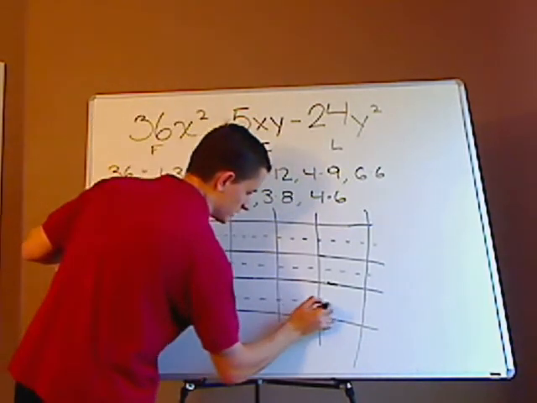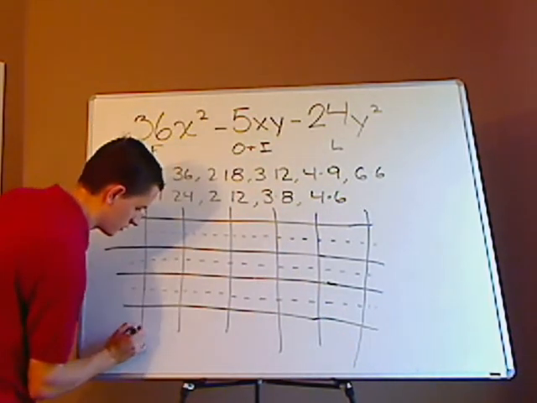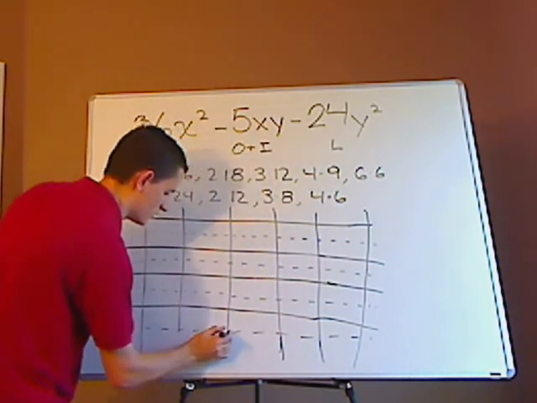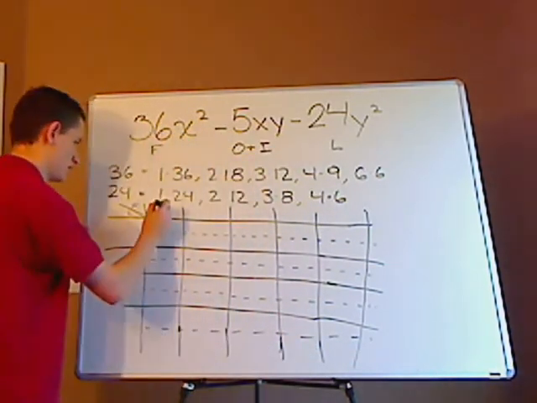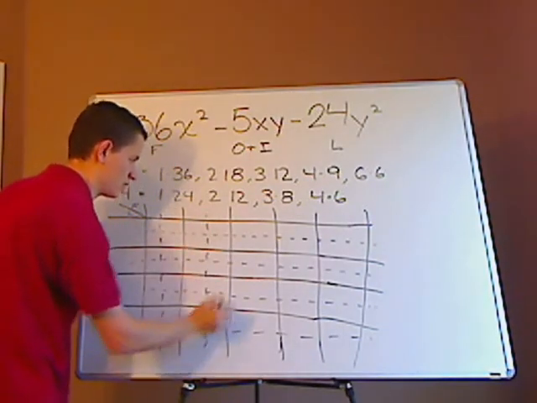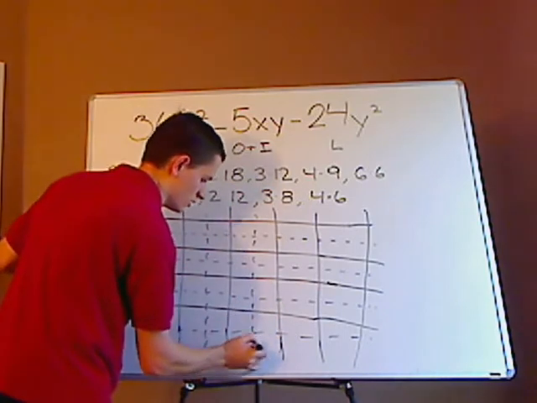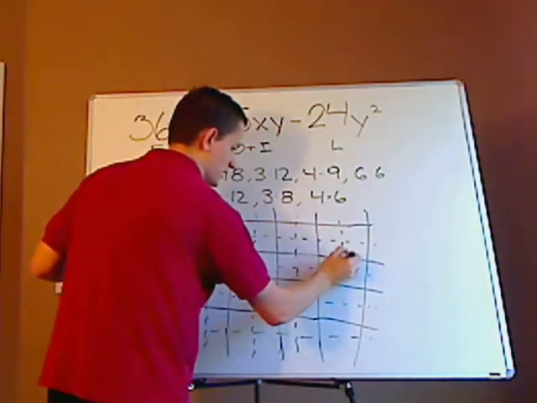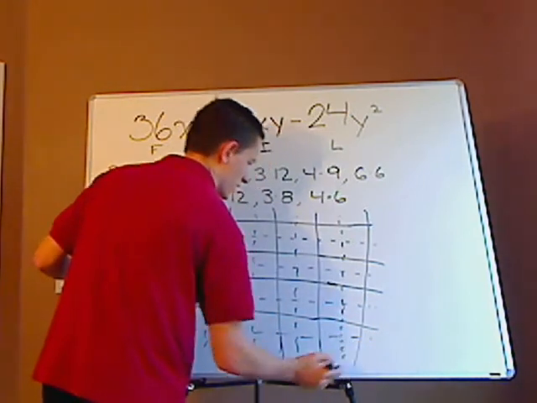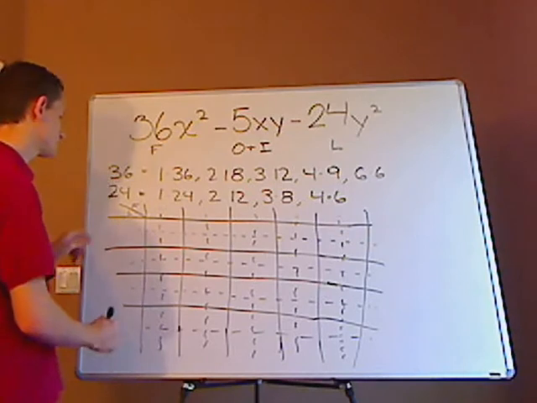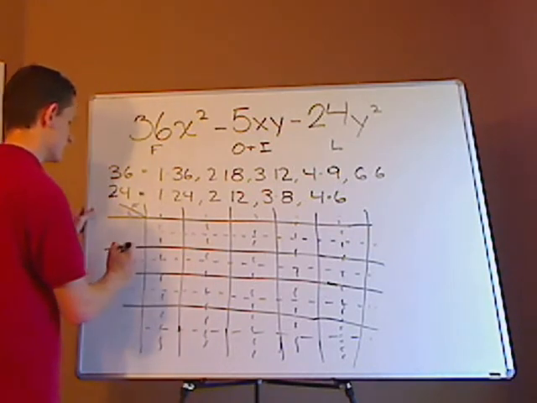And then you start listing out the factors. You just want to make a distinction between the larger blocks and the smaller blocks. So you can use different colors, you can use whatever you want. Here I'm using a dotted line.